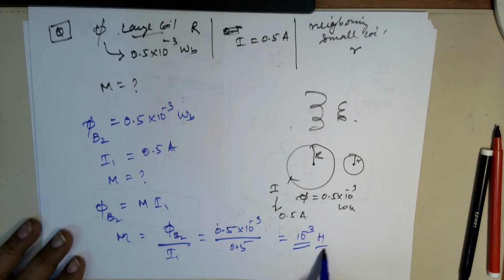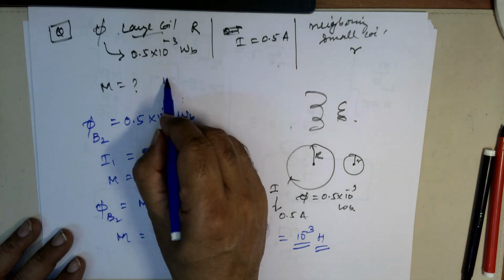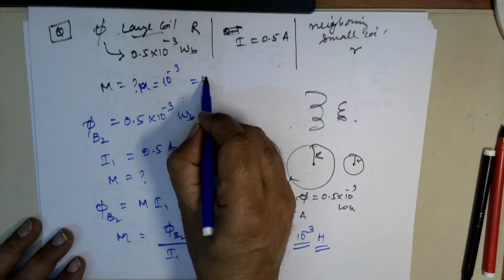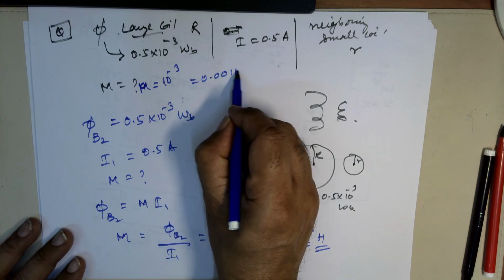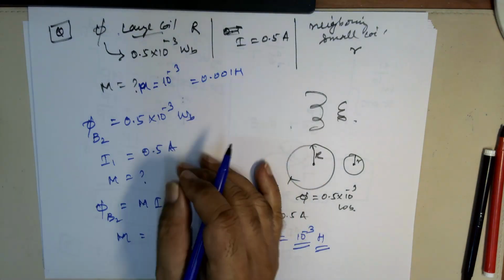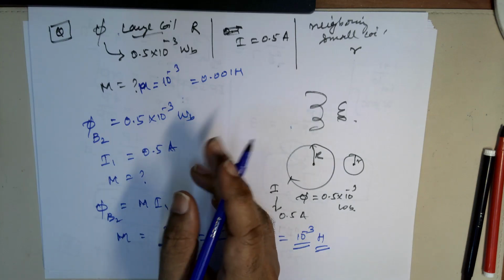Henry unit is very important. So the correct answer is 10 power minus 3, which means 0.001 Henry. Sometimes it can be called 1 millihenry, small m, capital H.